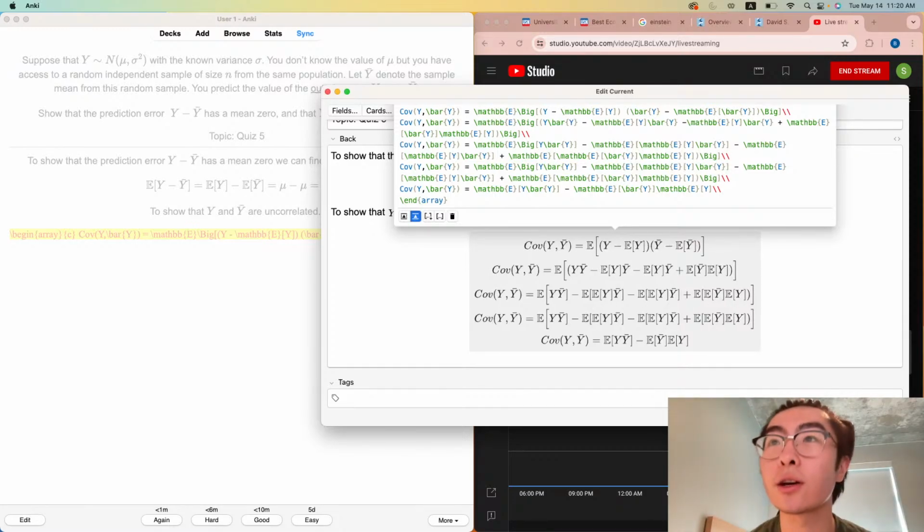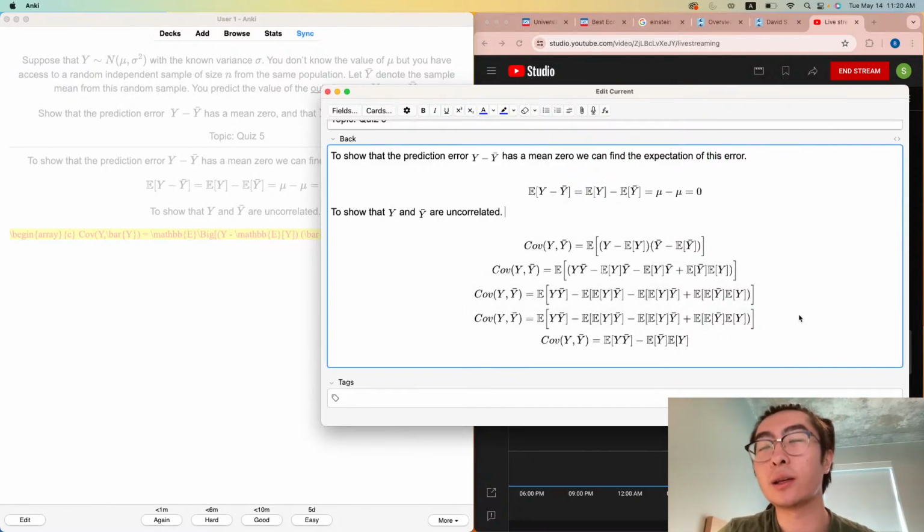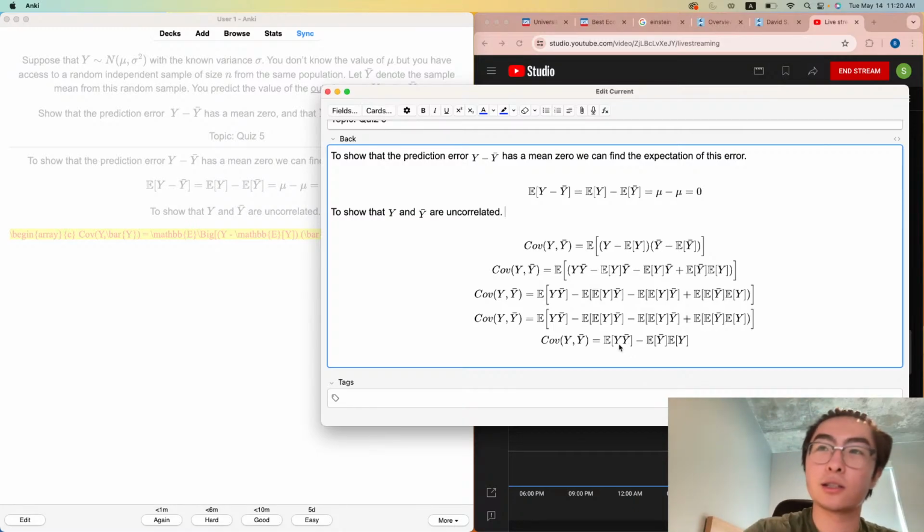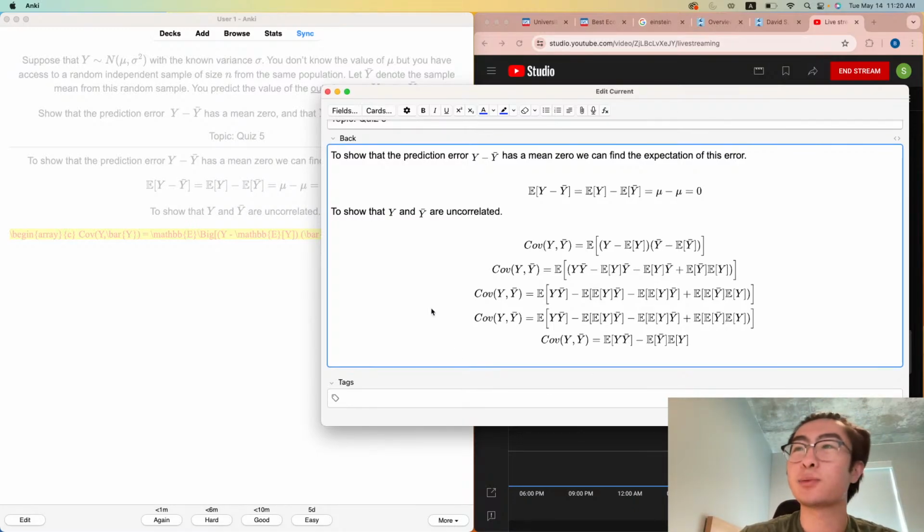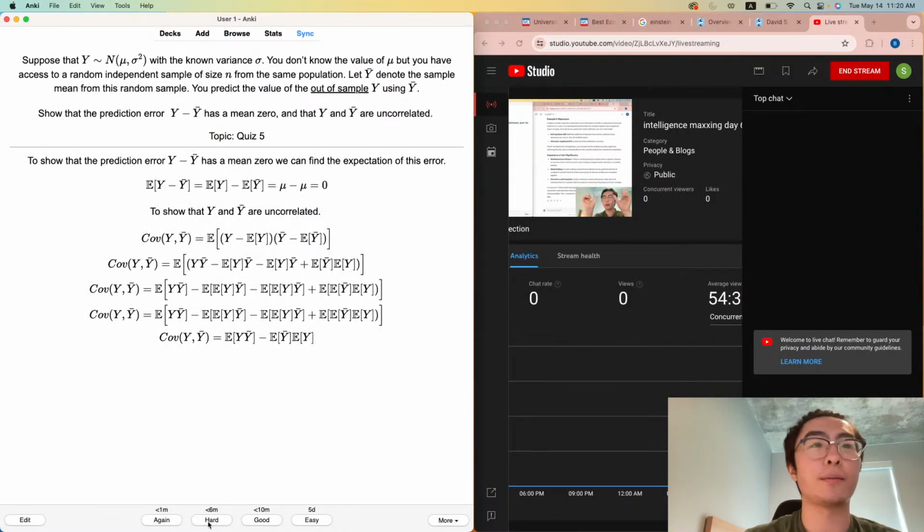Yeah, makes more sense. So once we express this in here, then we get this complex expectation of yi, y bar. It gets pretty deep. I'm gonna just skip this for now.